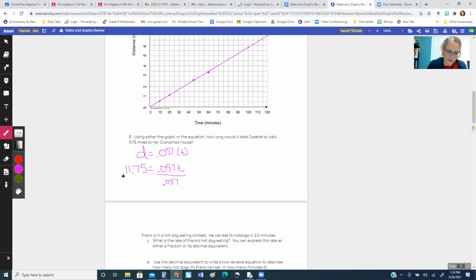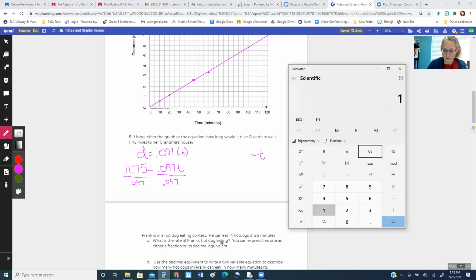It's just the same thing we've been doing. Sometimes I choose to not do math in my head, and sometimes I am not able to do math in my head. This is one of those times. I'm also not able to cross my t properly, because I tried to turn it into the equal sign. Don't think you guys got that. Okay, so I have 11.75 divided by 0.057.